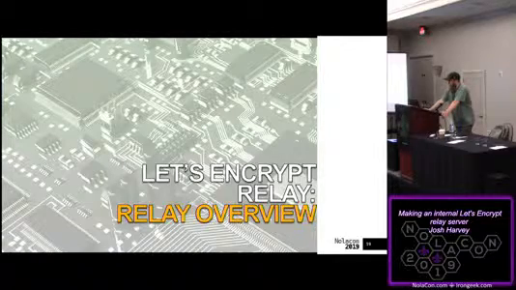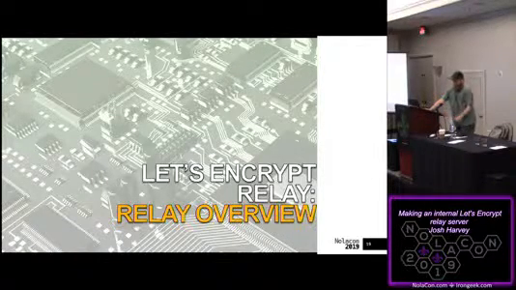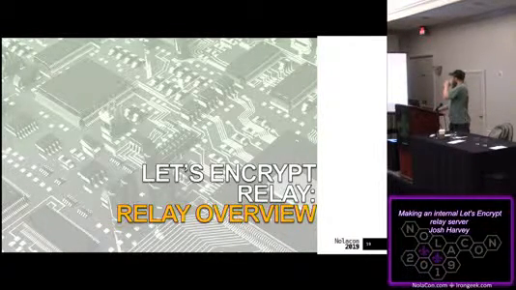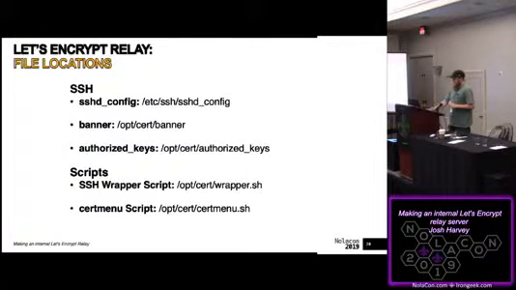So after talking about how the relay works and what files are needed, what each section does, it's time to take a look and see where all these files go. This is an overview of where all the required files are stored for the relay I set up to capture the examples on the next couple slides.